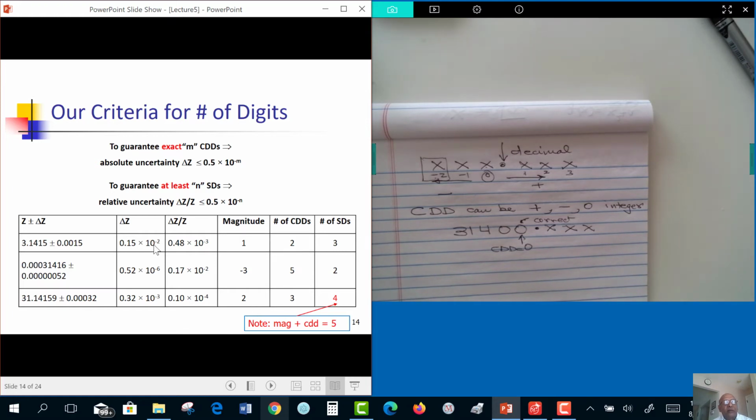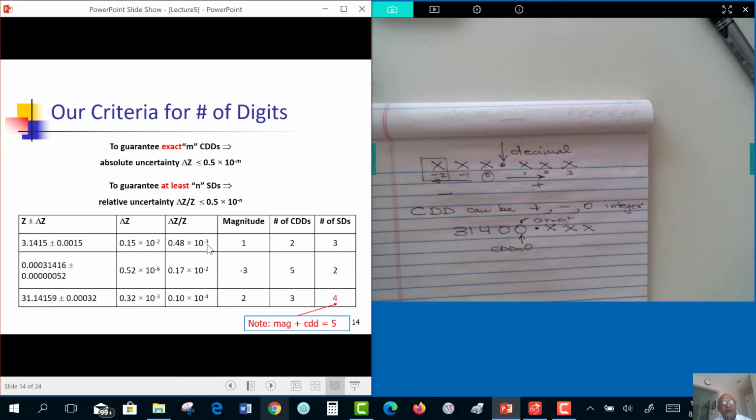So the correct number of decimal digits here is -2. Since this number is more than 0.5, the correct number of decimal digits here is 5 only, not 6. This is less than 0.5, so 3 correct decimal digits. So 2, 5, 3.